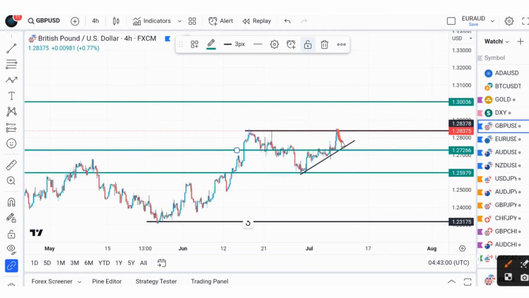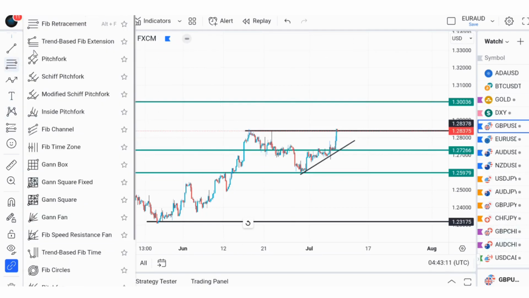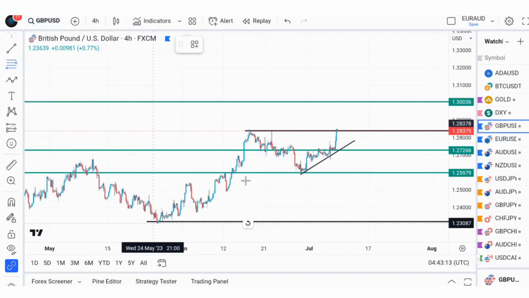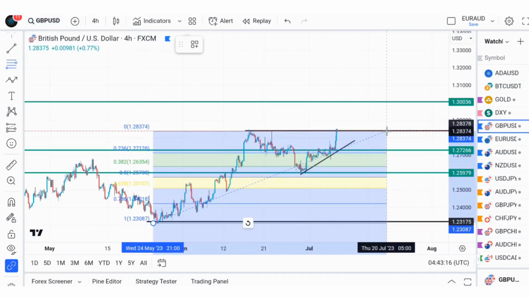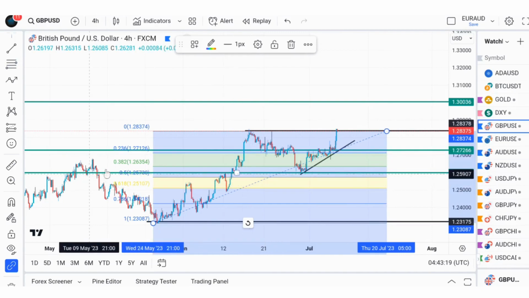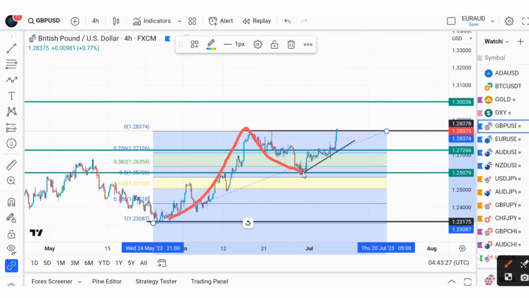If we see an adjustment to this level, then we look for a move to 1.30036, because using this swing low and the swing high and then using the Fibonacci retracement, you see that we have a retracement at this level. When the market moves to create a new swing high, then we have the rejection at this particular level.